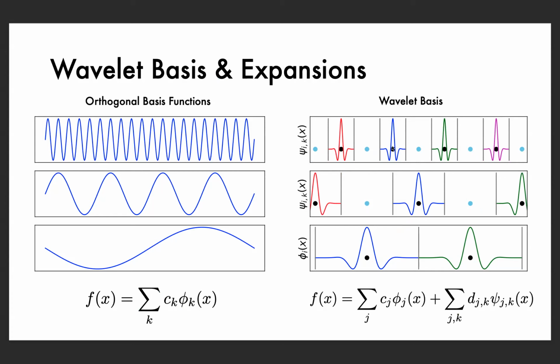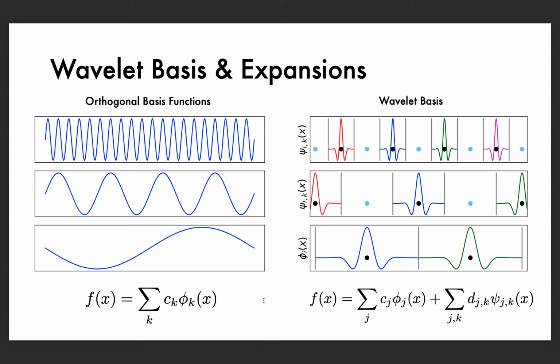And I can construct a basis then for expanding my function. It looks like this. On the left-hand side, again, something that might look like a Fourier type basis, I'm expanding my function in the basis function with coefficients. On the right-hand side, I have an expansion in terms of the wavelet basis functions.